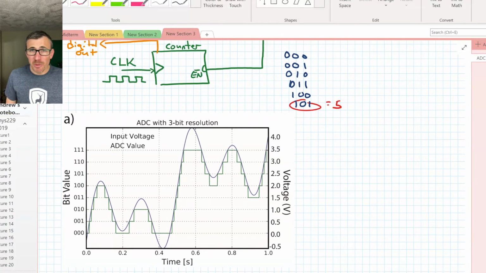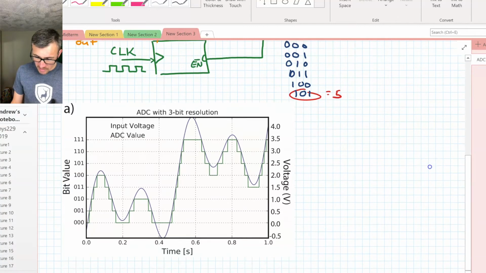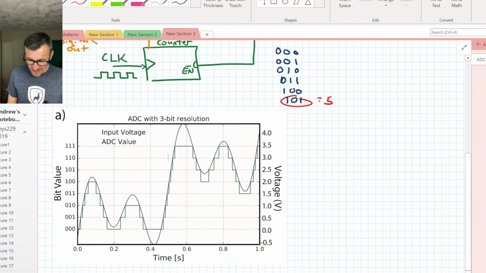So here's an example plot of such an analog to digital converter. It's a 3-bit ADC, and we can see a few key points here. We had an input voltage, which is some varying wave here, and the output that we're going to get at an ADC. Notice that there's a few key characteristics here. There's the step size, there's the resolution, which is basically the number of bits.